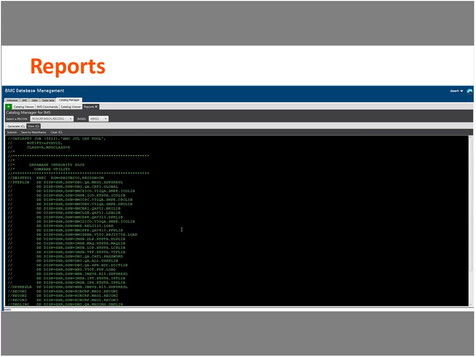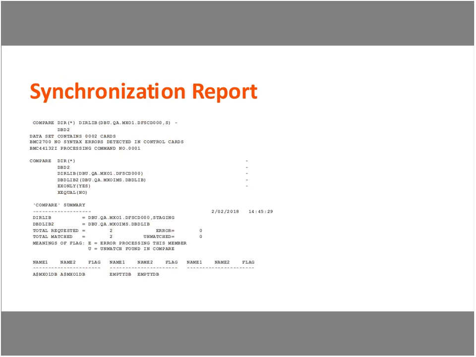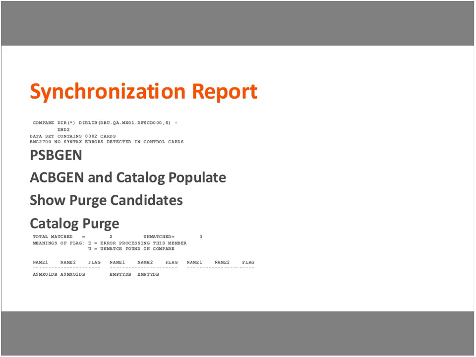At this point, you have the option to run this reporting job, or you have the option to save it off to a PDS data set on the mainframe and execute it at your leisure. This is the results of a synchronization report, so I'm just showing you that.